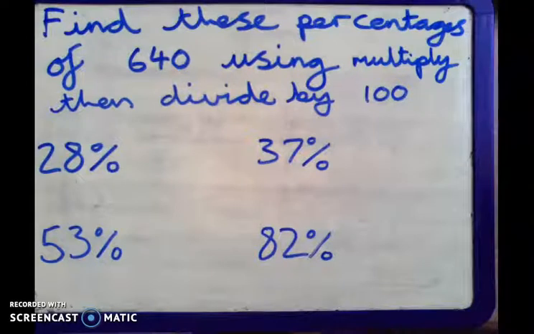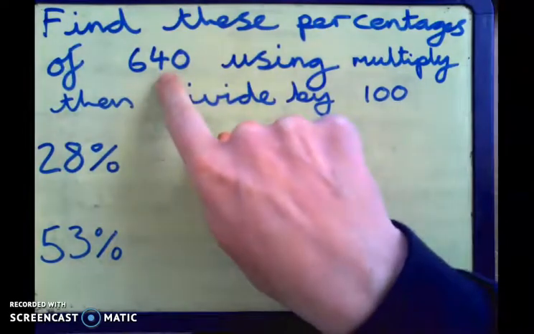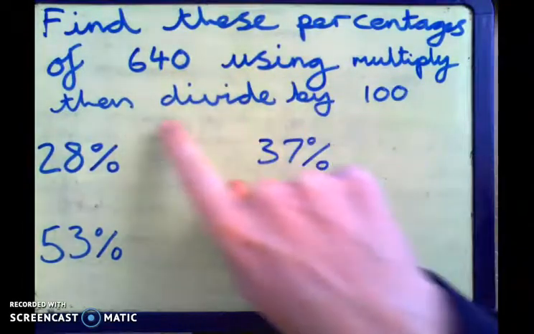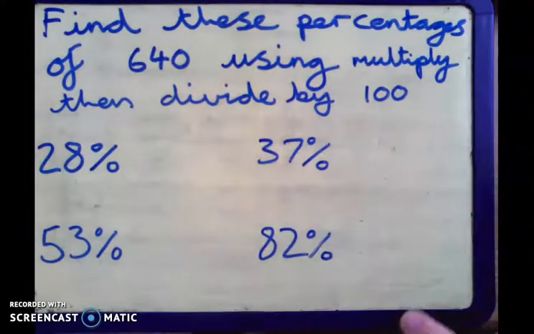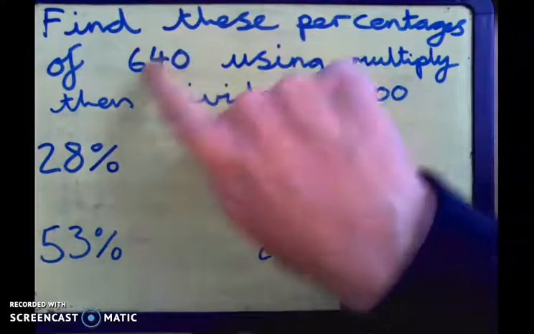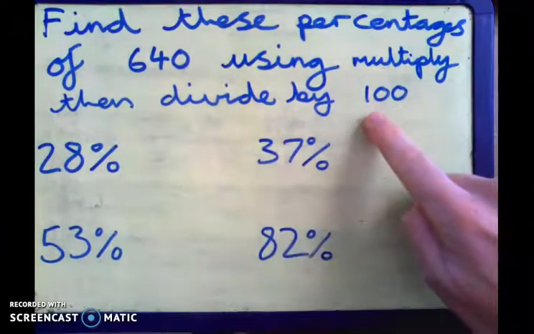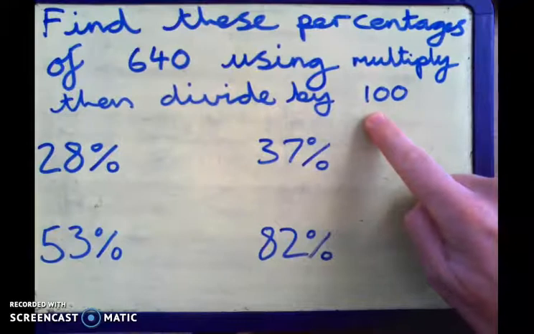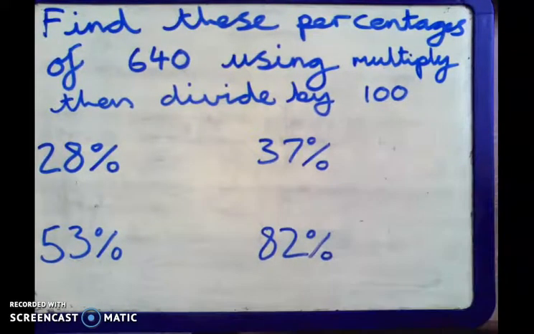Here are some percentages for you to practice with. Find these percentages of 640 using multiply, then divide by 100. Remember the steps. Step 1, multiply the two numbers together. Step 2, divide your answer by 100. Remember, the digits in your answer will move 2 places to the right.